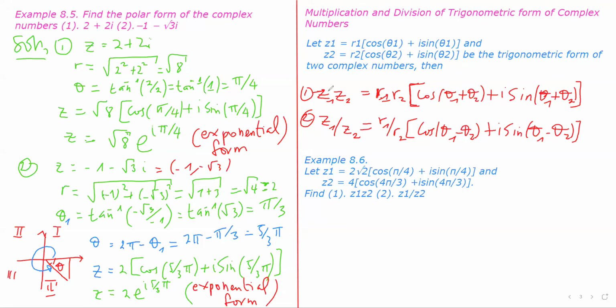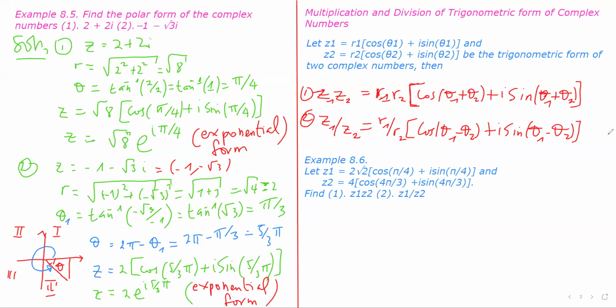Their product z1 z2 is the product of the moduli and cos the sum of the angles plus i sine the sum of the angles. If you divide them, z1 over z2, then we have the division of their moduli r1 over r2, and then cos the difference in the angles theta 1 minus theta 2 plus i sine the difference in the angles.